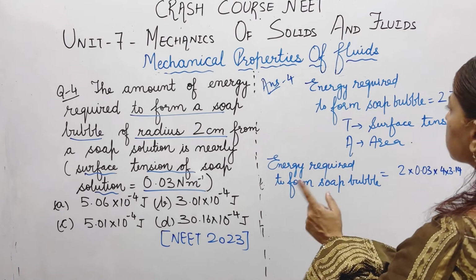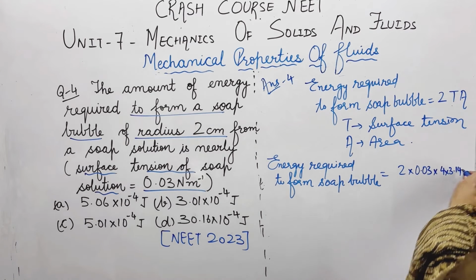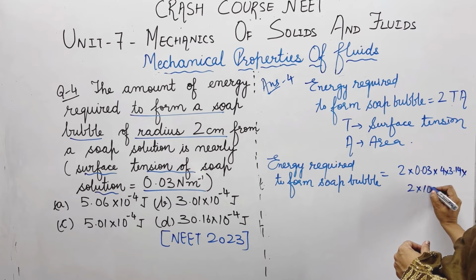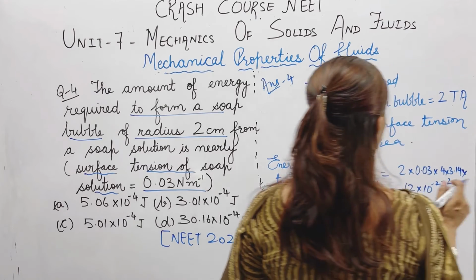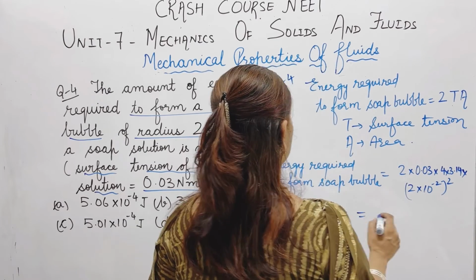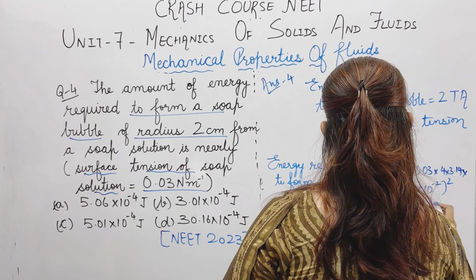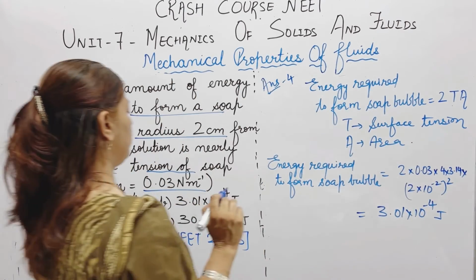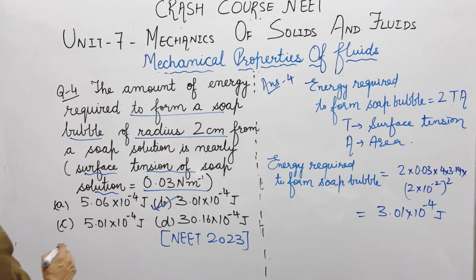It is 2 centimeter. We'll convert it in meter. So it will be multiplied by 2 into 10 power minus 2 whole square. 4 pi r square, the formula is being applied, and on solving it, we'll get the value 3.01 into 10 power minus 4 joule. So the result goes with the option B, and the answer for the fourth is option B, 3.01 into 10 power minus 4 joule.